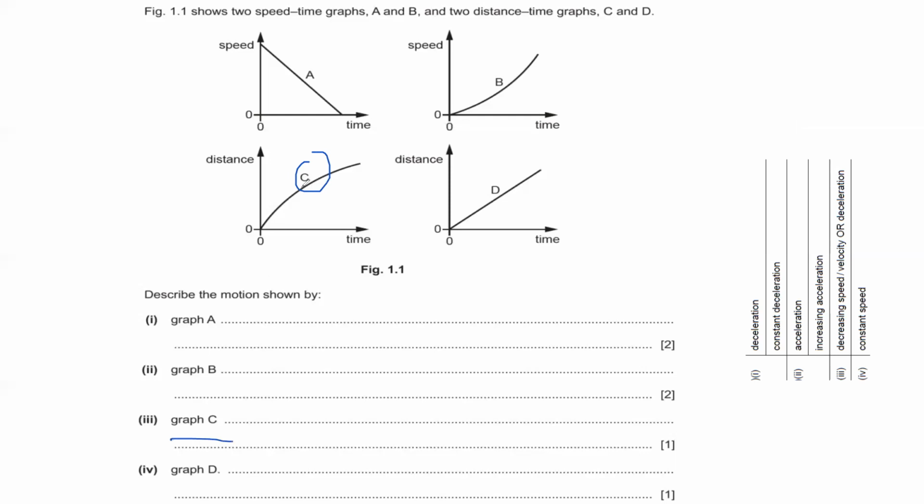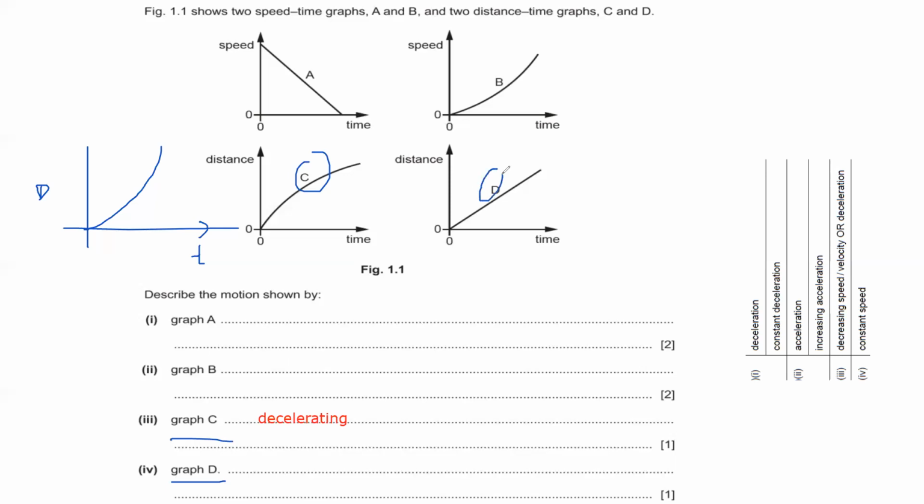Because you can see the angle is decreasing. If it was accelerating, then what should the graph be? It should go steeper, like this. This is for accelerating, and C is for decelerating. So here speed is decreasing, or you will mention decelerating. What is happening for graph D?